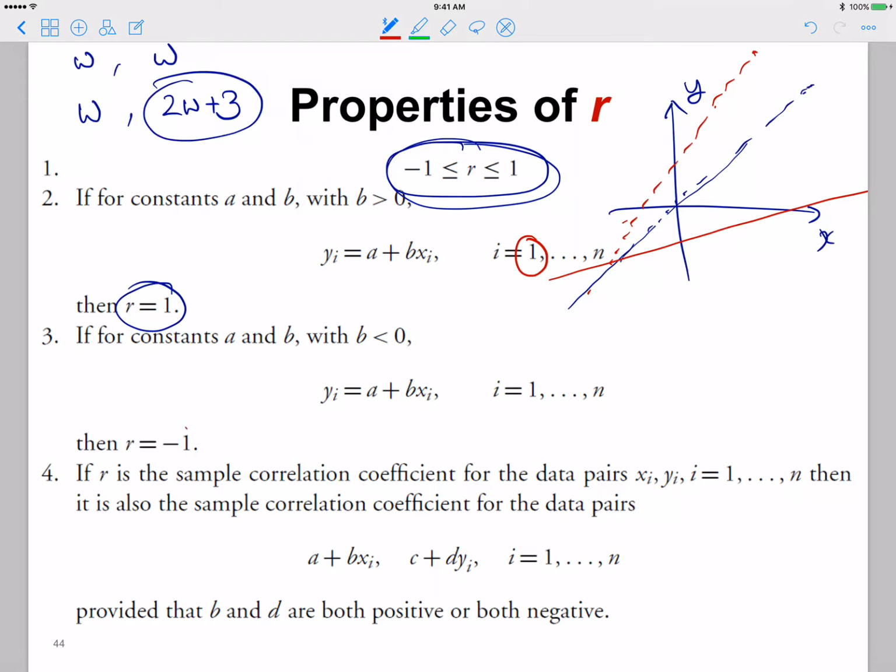On the other hand, if the correlation coefficient is -1, it means it has this kind of relationship between the two variables, but the second one has a negative sign for its slope. Something like this. In this case, it definitely has this negative sign.